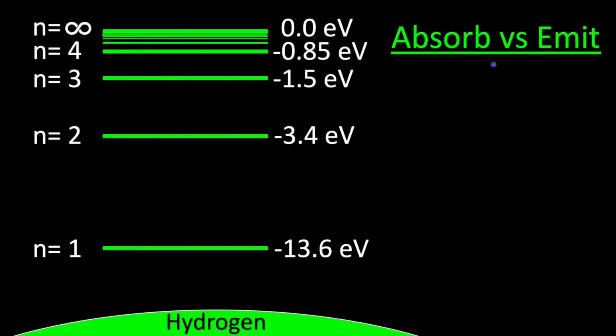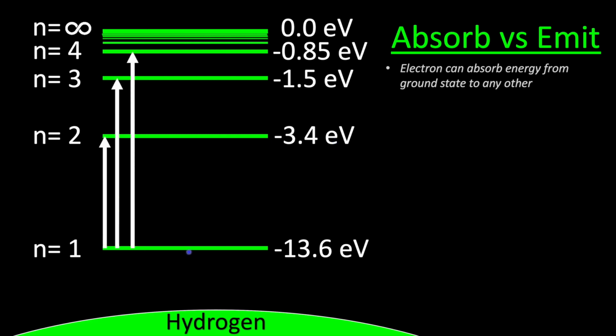Now, lastly, I just want to look at absorption versus emission in this diagram. So electrons can absorb energy from the ground state to any other state. So this would look like this. It can go up from the ground state to, let's just start with looking at n=1, 2, 3, and 4. We won't look at all these tiny ones above. So it could absorb wavelengths of these three energies.